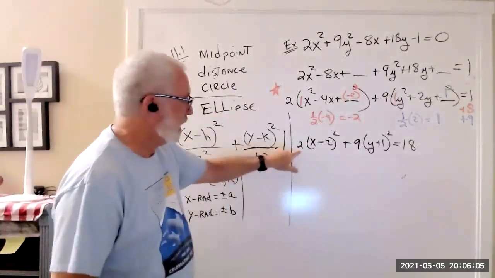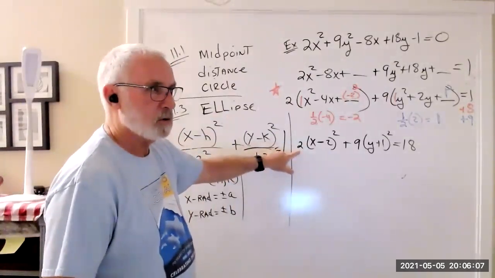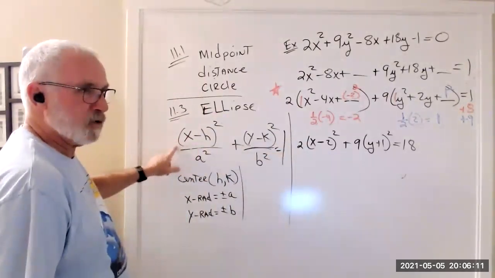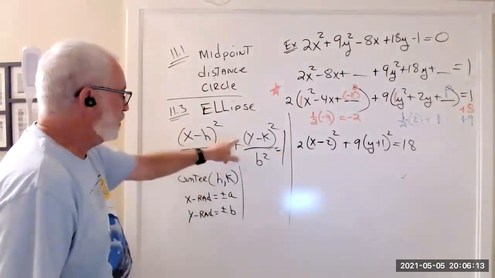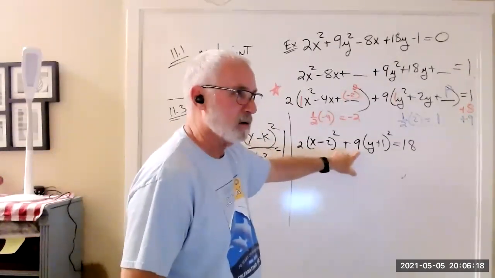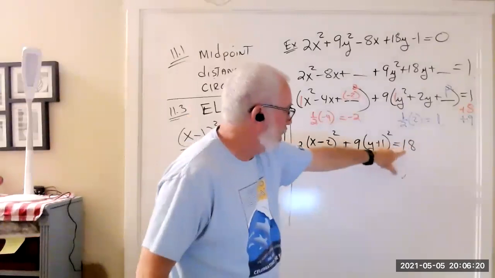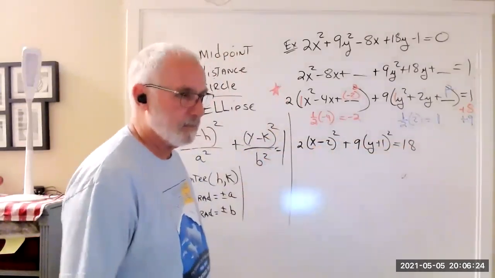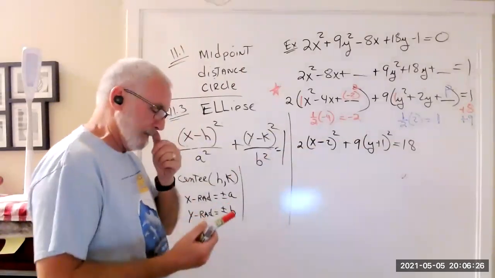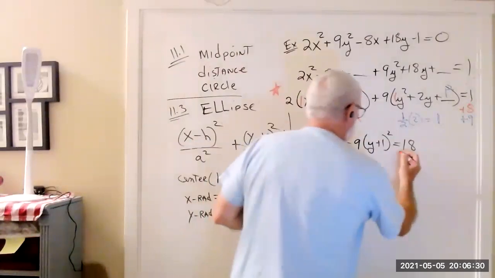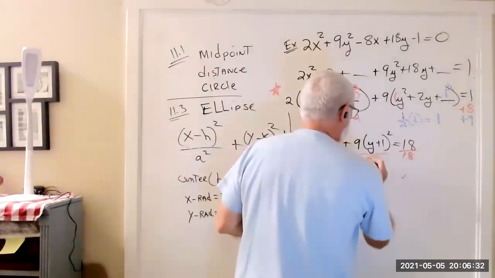No. So I got to get rid of the 2. I can't have that 2 there. That doesn't show up in the formula. There's not a multiplier times the y. I got to get rid of the 9. So I got to make this 1, and I got to get rid of the 9 and the 2. How? Division. Can you divide it? Yeah, divide everybody by 18.